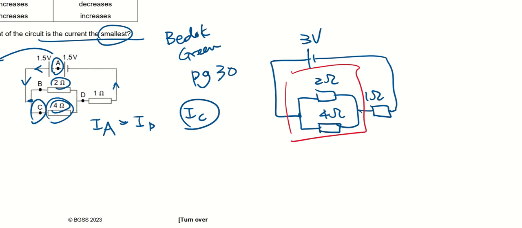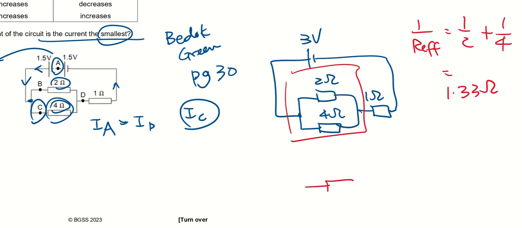So 2 ohm and 4 ohm will then become 1.33 ohm, because I'll be using 1 over R effective, resolving for the 2 ohm and 4 ohm. So after that, the answer, if you work it out, will be 1.33 ohms. That means these 2 resistors that were in parallel can be written as 1.33.